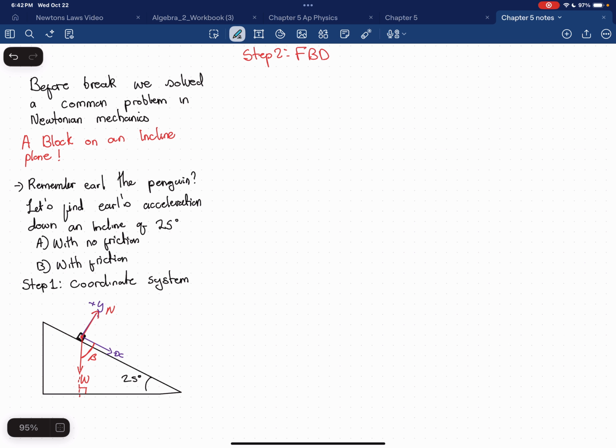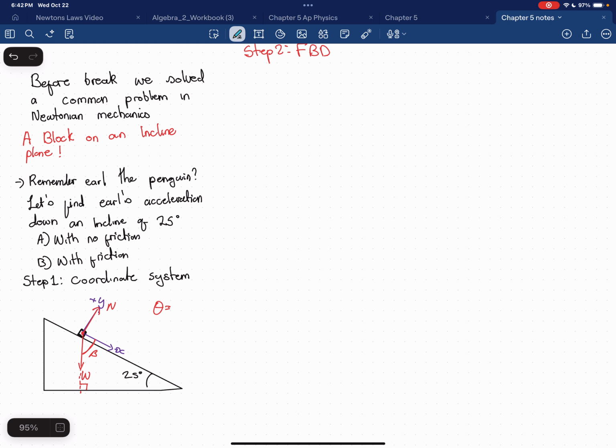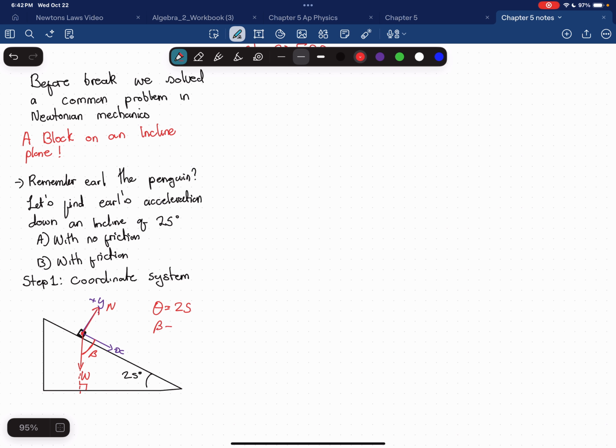So, if I have a 90-degree angle and my theta is equal to 25, I don't even need to find theta yet, but I know for sure beta plus theta should equal 90 degrees. All right? For sure. That's because I already have a 90-degree angle, and all angles in a triangle equal 180 degrees.